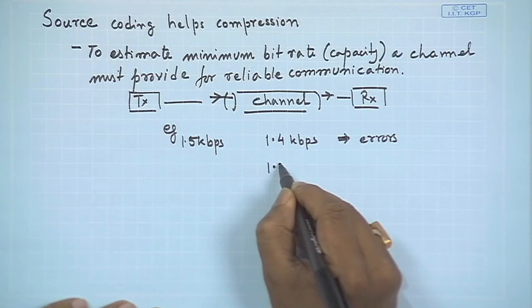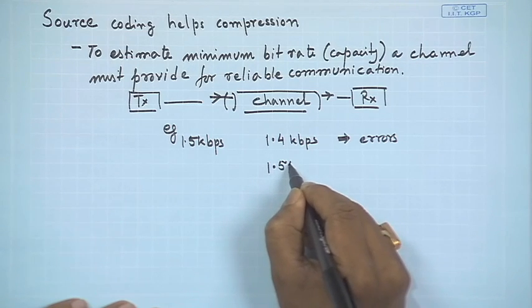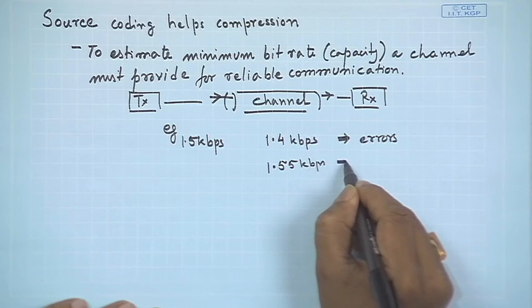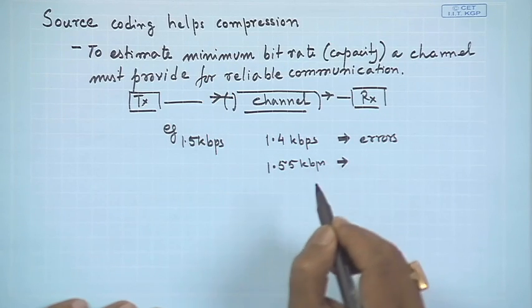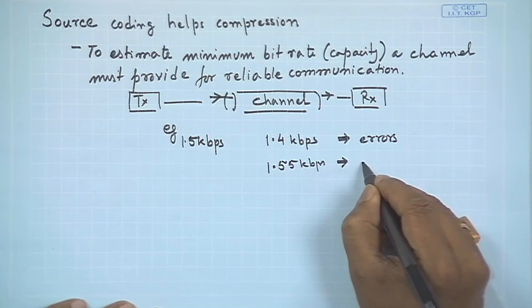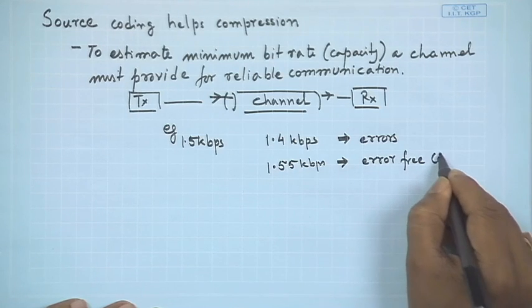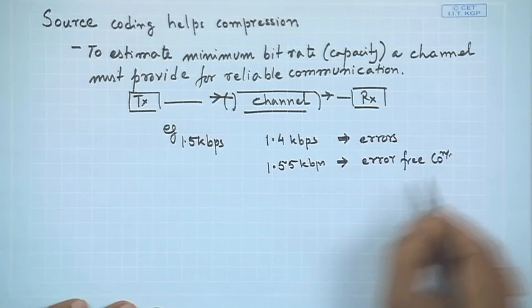However, if the channel capacity is, let us say, 1.55 kilobits per second, this implies that one would be able to achieve, theoretically at least, error free communication.